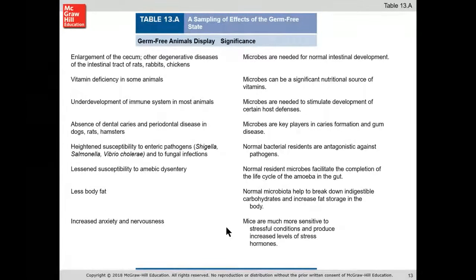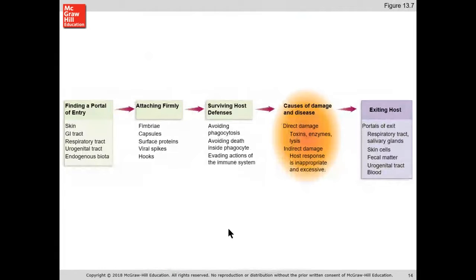And we know that when your normal microbiota is off balance, it can cause mental effects. Okay, we know that for sure. So some pretty interesting topics there, and this is definitely an argument against being germ-free.